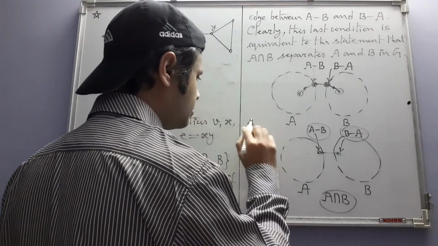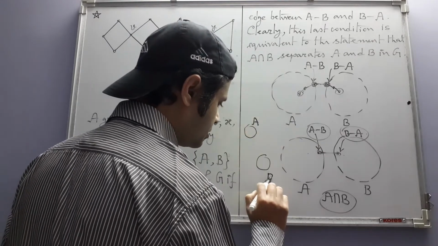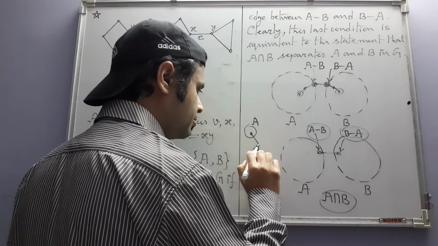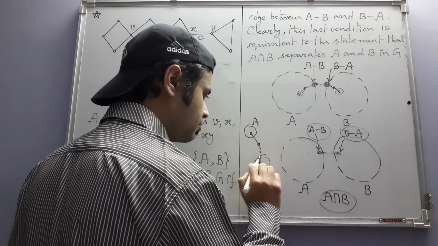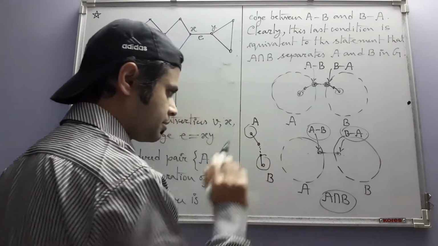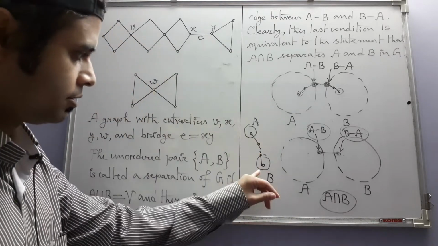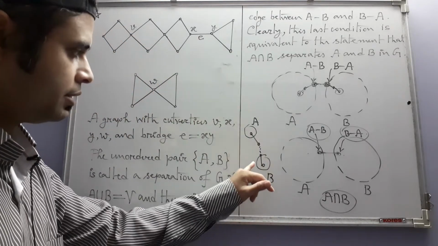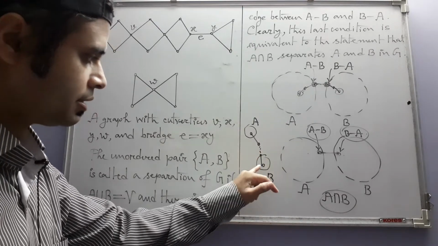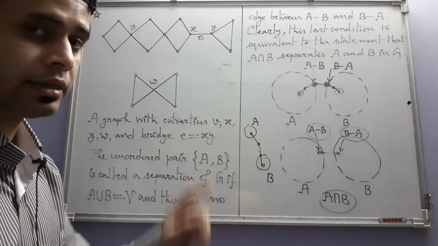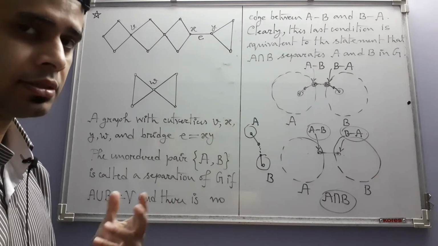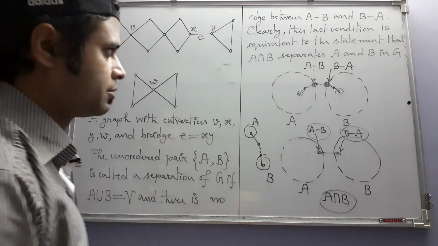Suppose this is your set A, this is your set B. The AB path joins a vertex from A to a vertex from B in such a way that the intermediate vertices belong to neither A nor B. That is the definition of an AB path.